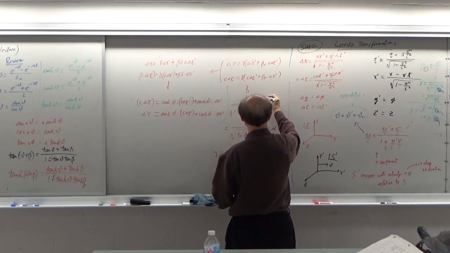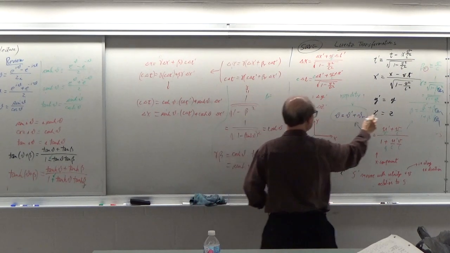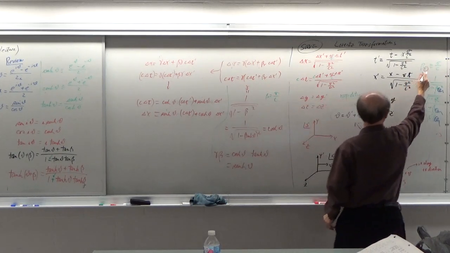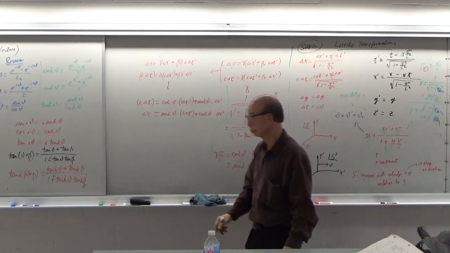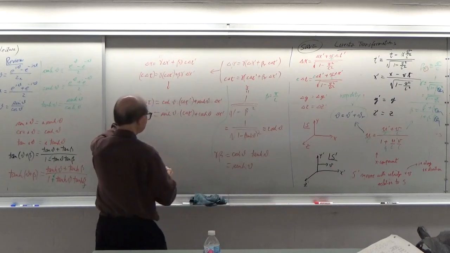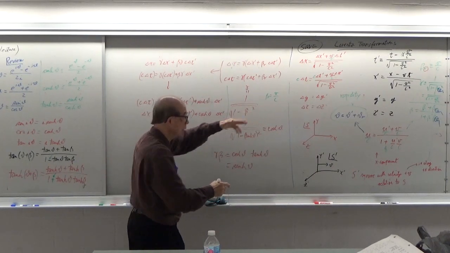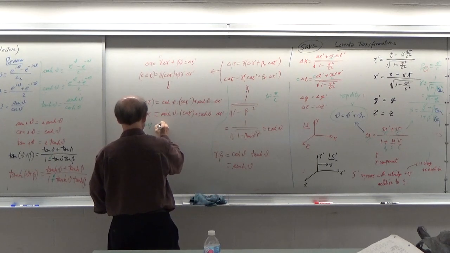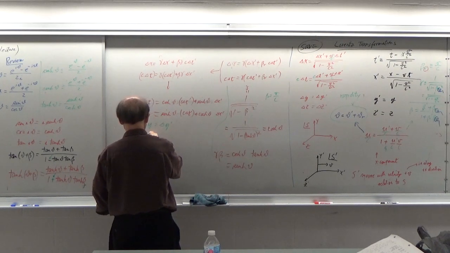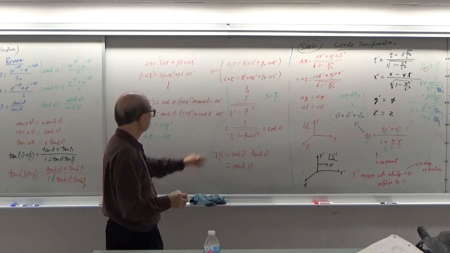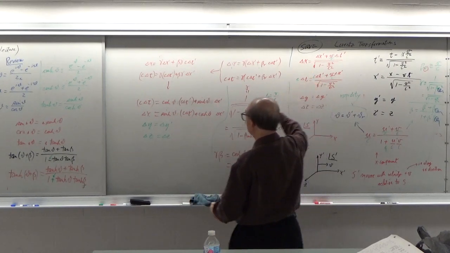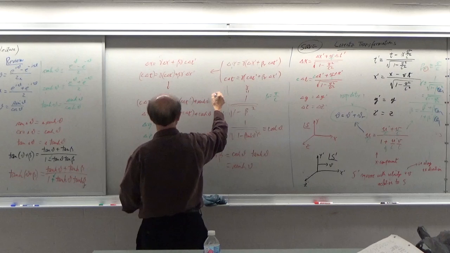And beta is defined to be V over C, dropping the subscript r. Of course, as I said, the y and z coordinates come along. So delta y is delta y prime, delta z is delta z prime. So that the Lorentz transformation, this set of equations, can be rewritten as this.